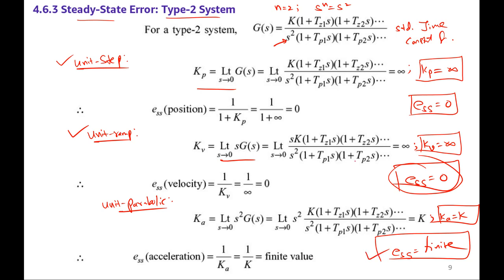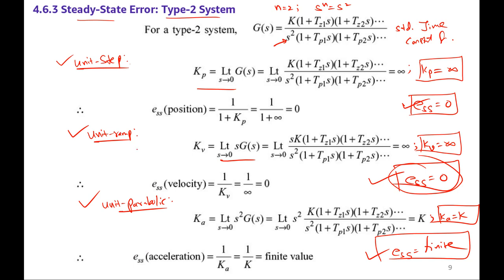Okay, if it is finite value, you can observe here, I can apply all the kinds of inputs, whether it is unit step, unit ramp, unit parabolic, because whenever I apply unit step and unit ramp, the steady state error is 0. Whenever I apply unit parabolic, the steady state error is finite. It depends on the system gain K. If I increase the value of system gain K to some extent, the steady state error can be reduced, right?